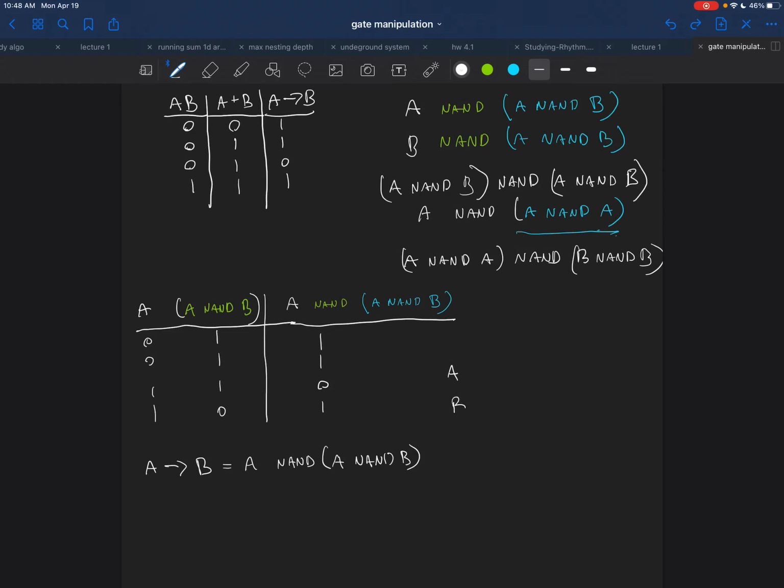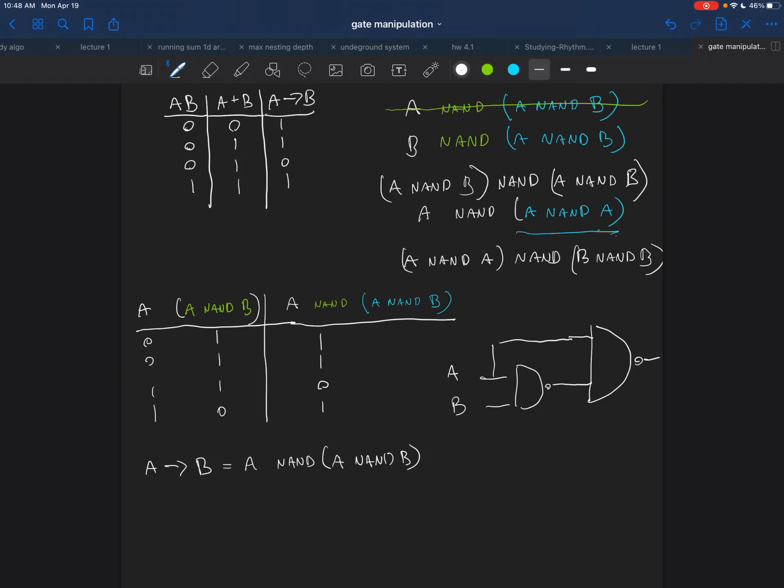So we have A, B, we have some sort of a NAND gate, and then we have A connect to this output in a NAND gate, like that. Okay, so that's great. We can cross this one off our list. Perfect.